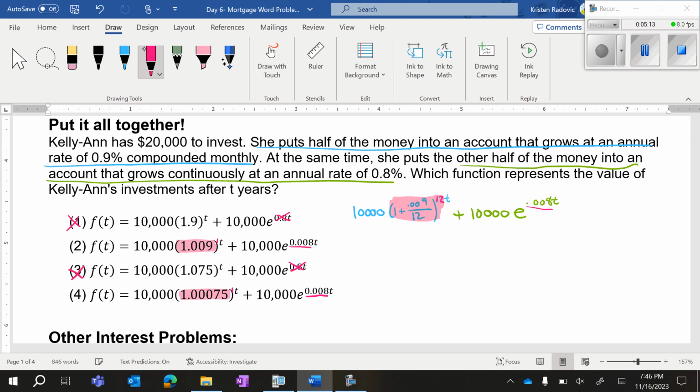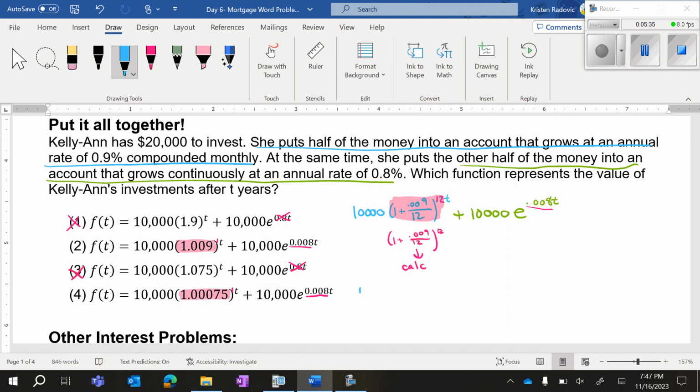So in your calculator, you're going to have 1 plus 0.009 over 12 to the 12. The 10,000 is going to stay, the t is going to stay, and we are going to put everything else in the calculator.